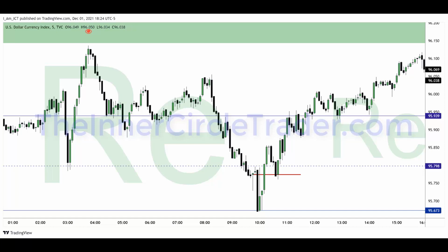And there it is. And here is the 5-minute chart showing you the market maker buy model and the old area of distribution on the left side of the curve with now accumulation for the buy side of the curve. And then reaching above that 96.10 level where the original consolidation was between 5 and 8 a.m.